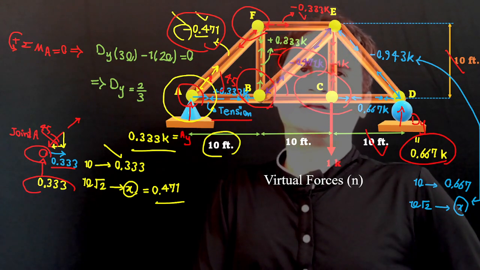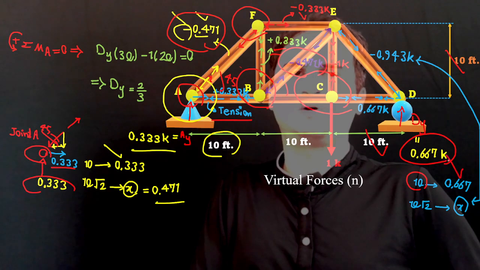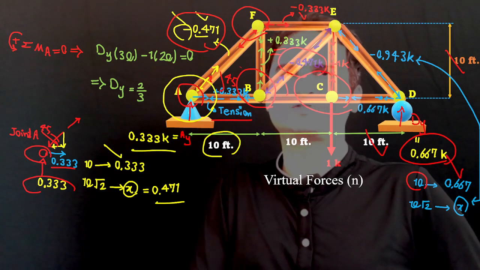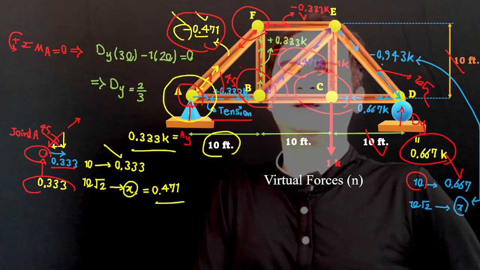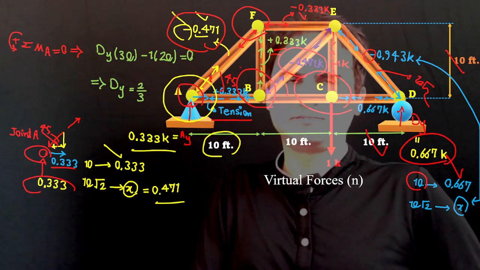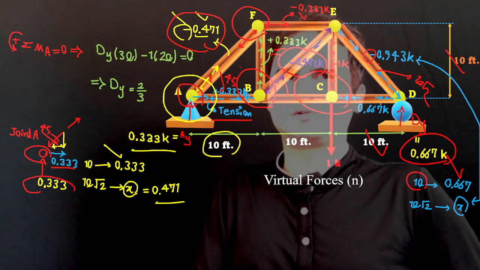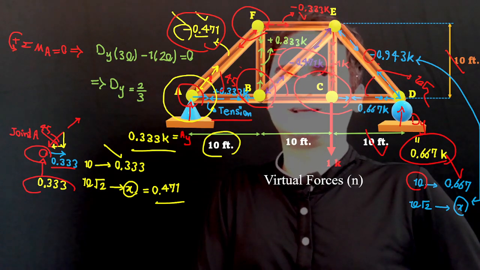So if 10 goes by 0.66, 10 square root 2, which is the length of this member, it just goes by x equal to a compression force equal to 0.9. This is also equal to 0.66, and that's because this is again a 45 degree angle.